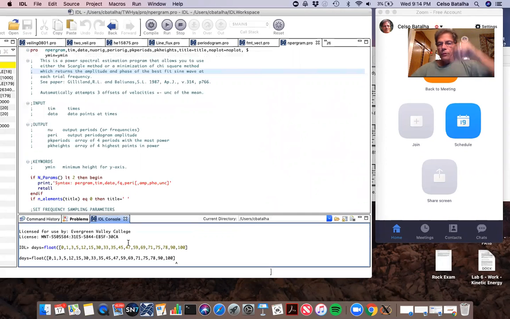I will generate a perfect sinusoidal light curve. Let's say there is a perfect star that does a perfect sinusoidal variation in its light curve. And I will observe this star over a period of, let's say, 100 days.